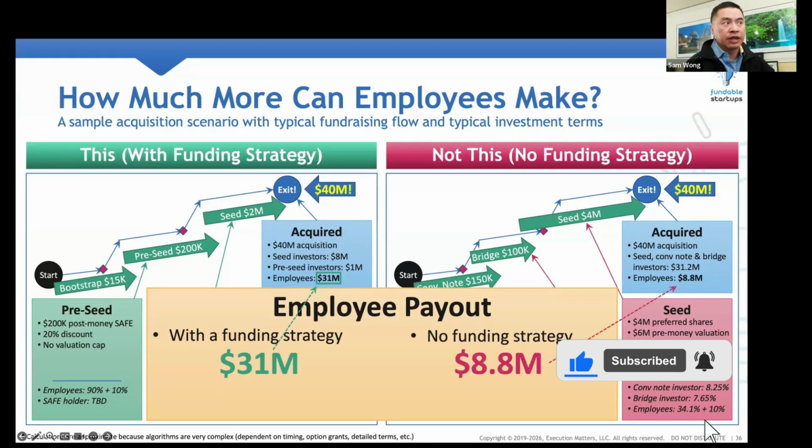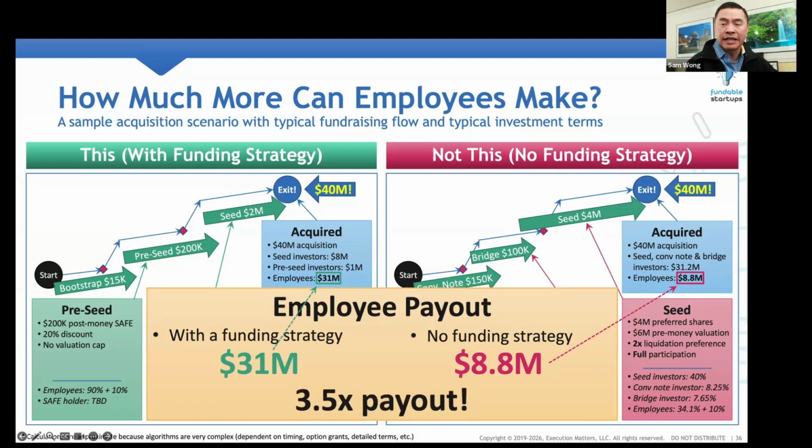But on the right side, without the funding strategy, and you can break down all the math, if you are a glutton for punishment, the employees only keep 8.8 million. Most of the funds in the $40 million acquisition go to the investors. So that is a difference in payout of 3.5x. It can be very, very material.